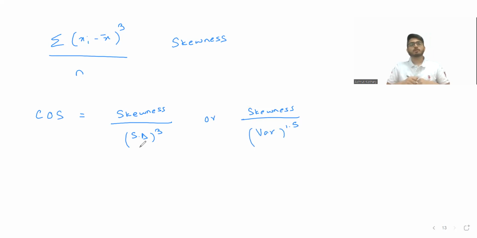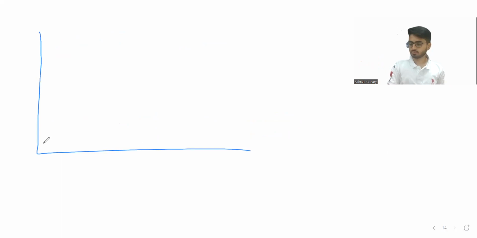Then we also have something called kurtosis. That is the fourth part. We won't be doing that much in detail; it's not required. It could be that a particular data set has the same central location, almost the same spread, almost the same symmetry. But look at these two graphs.